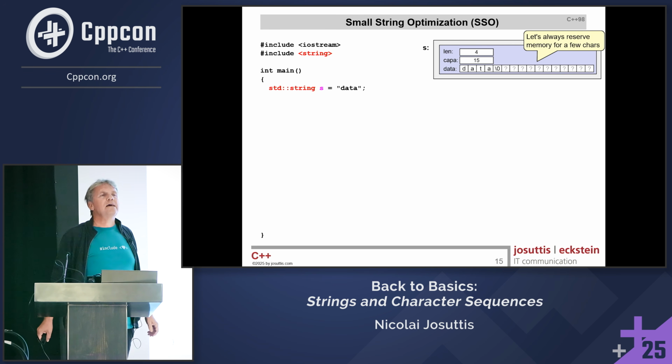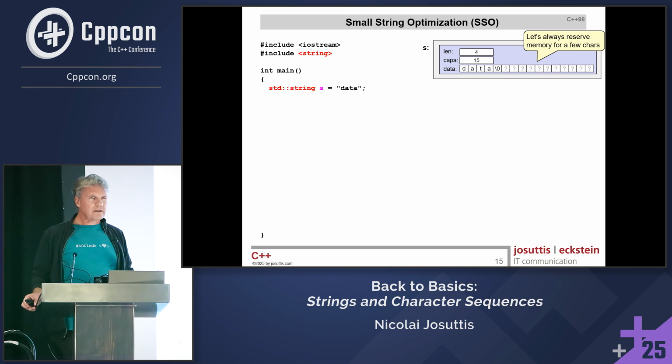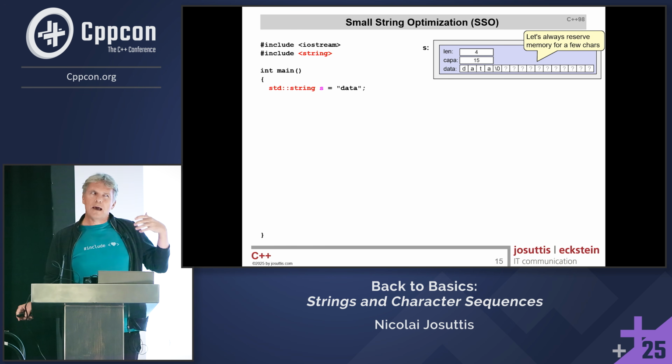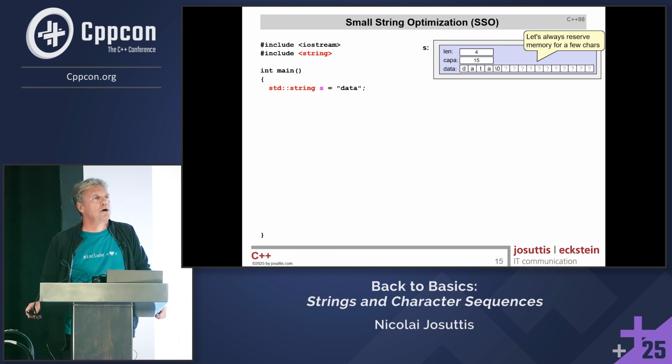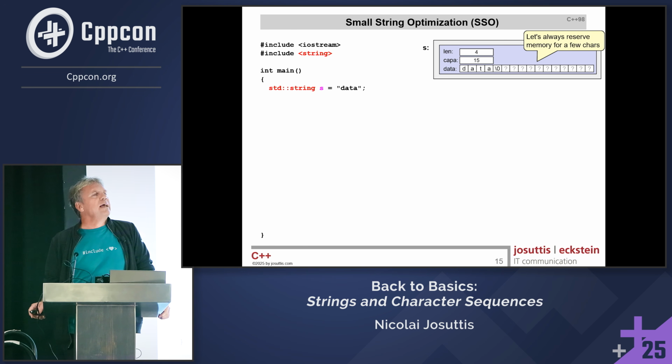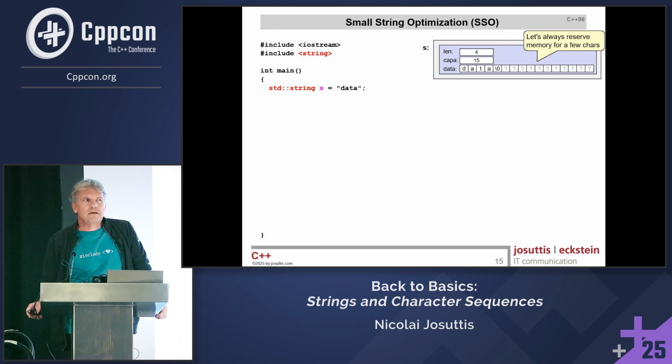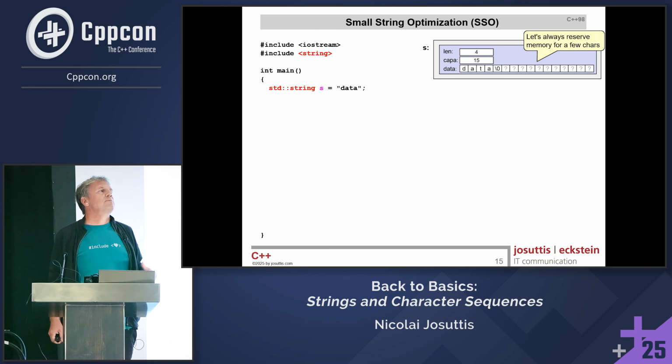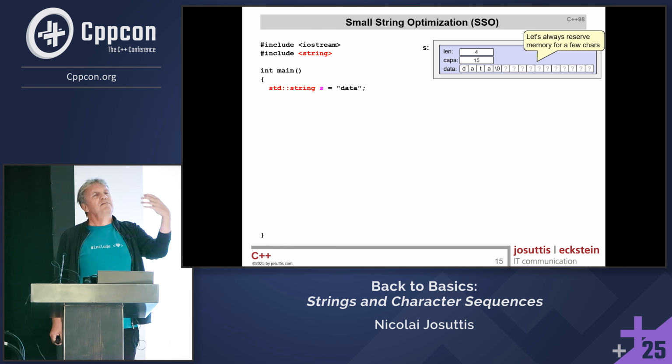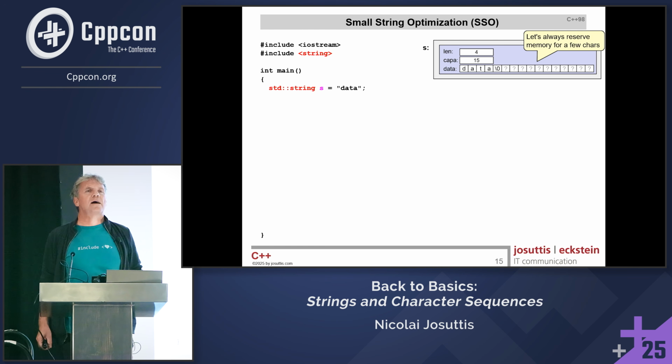The basic idea is that in practice, a surprising amount of strings are pretty short. So think about your name, think about Denver, think about zip codes, think about customer IDs. A surprising number of times, something like 8, 10, 20 characters are enough.